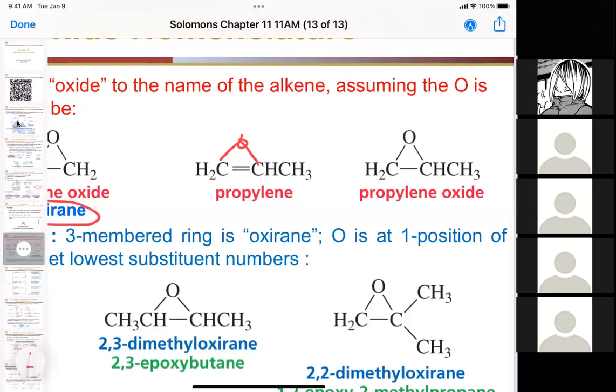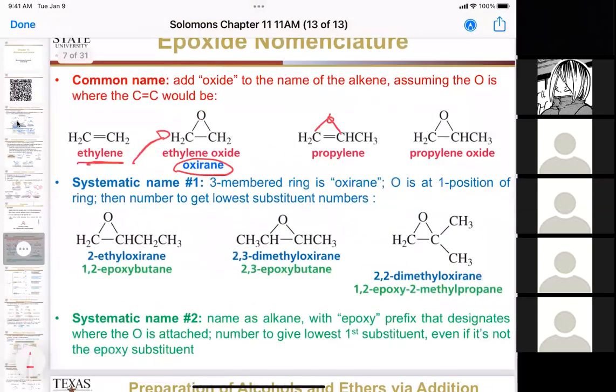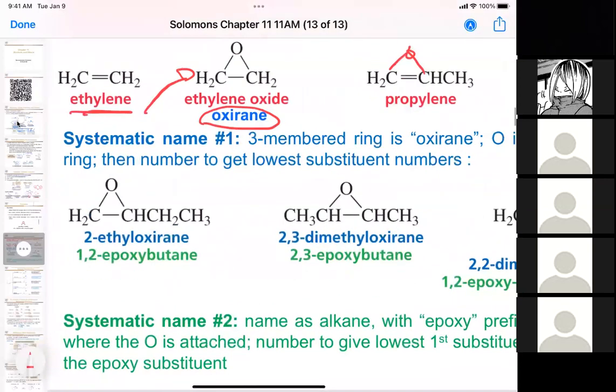But in systematic names, we want to talk about location. Like an alkene, we want the lowest numbers possible for our oxirane. So the first carbon that our oxirane starts on is the one that locates it, and the one that follows it is where the other bond to oxygen is.